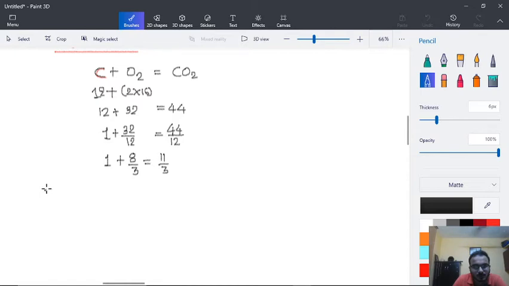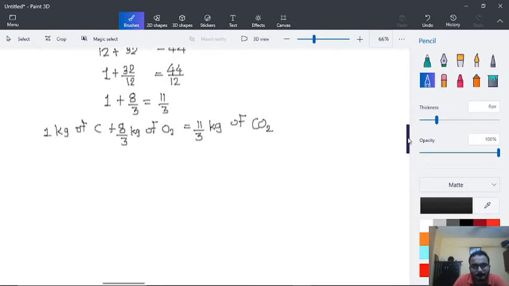So what we are getting here is 1 kg of carbon plus 8 by 3 kg of oxygen, then this will provide us 11 by 3 kg of CO2. So now this is the mass of oxygen.